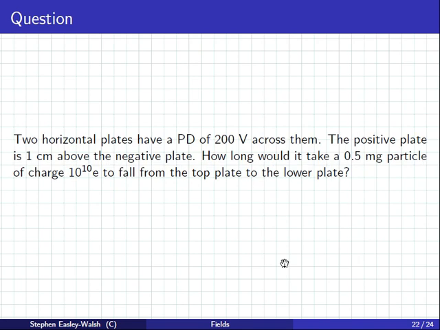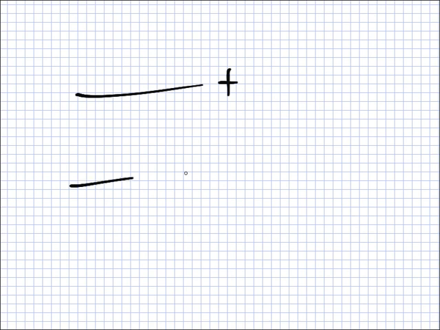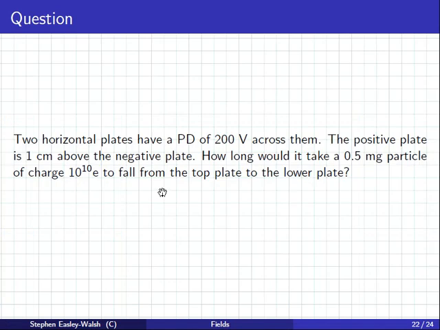Two horizontal plates have a potential difference of 200 volts across them. The positive plate is a centimeter above the negative plate. So it's like this, positive, negative. How long would it take half a milligram of charge 10 to the 10 E to fall from the top to the bottom?